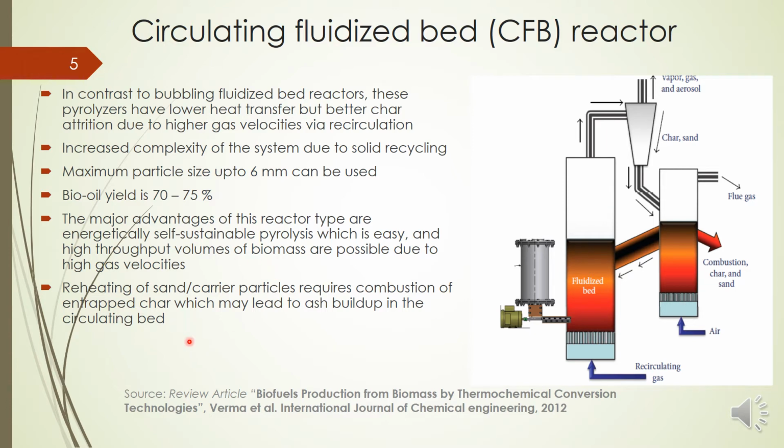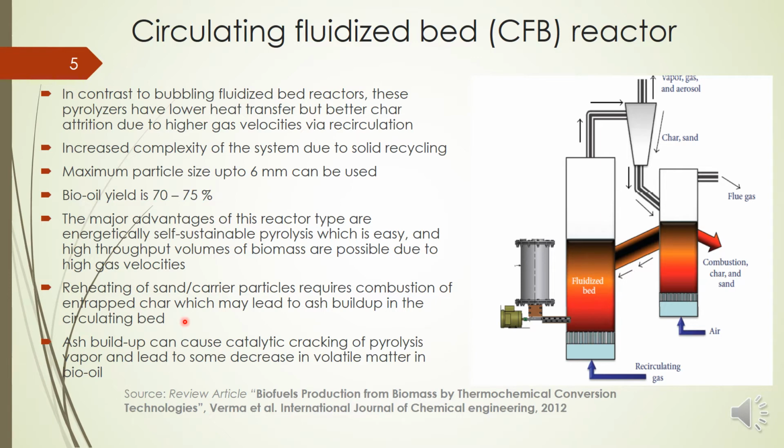So these are some disadvantages of these circulating fluidized bed reactors. The ash buildup can finally result in catalytic cracking, that may lead to a decrease in the volatile matter of the bio oil. So one disadvantage is this ash formation, and it will lead to a decrease in the volatile matter of the bio oil produced.